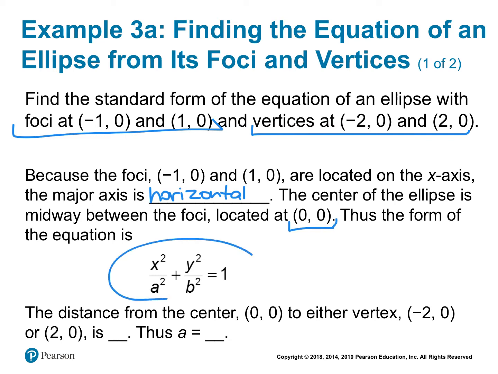So we can use this form. The distance from the center to either vertex, we had the vertices up here. So we have a distance of 2 for each of those. So a is going to equal 2.